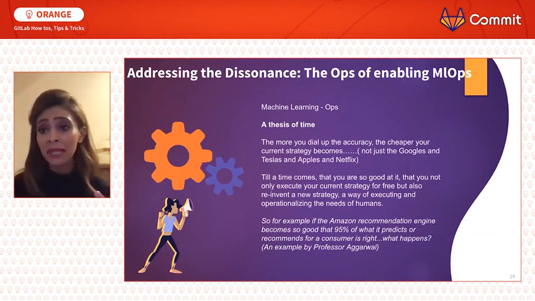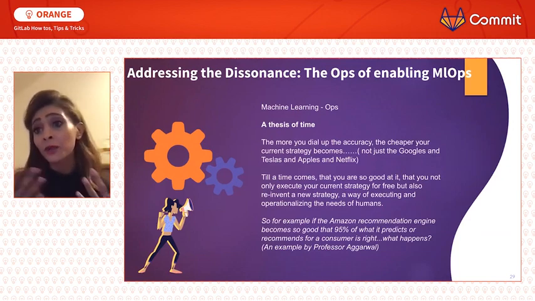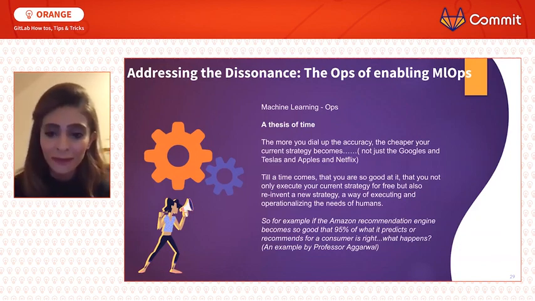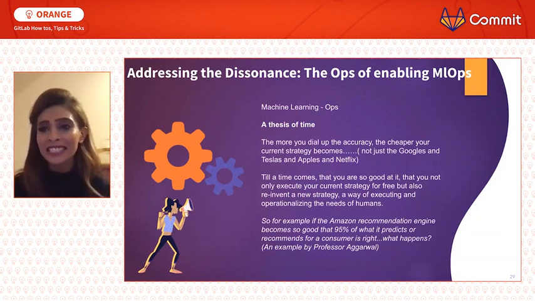And maybe one day Amazon decides that they're not going to wait until I actually buy the shoe, they're going to actually ship me the shoe. That's theoretical, but that's again the beauty of automated decision making by enabling MLOps.